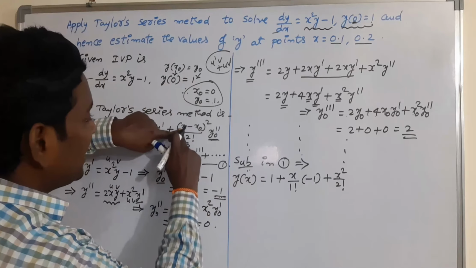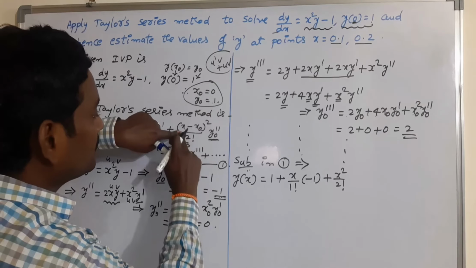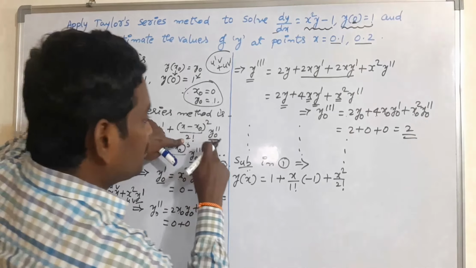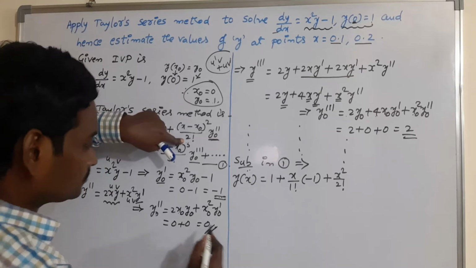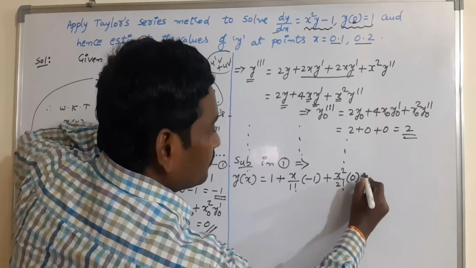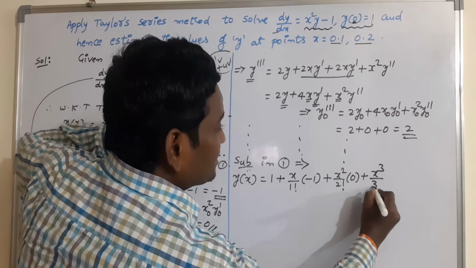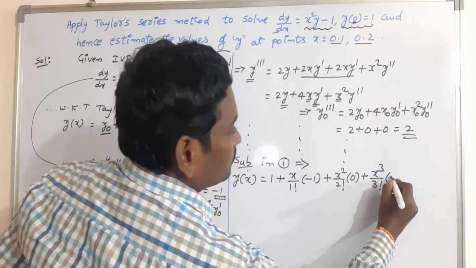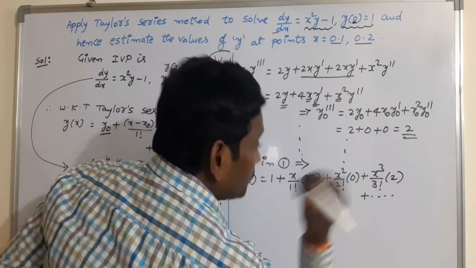Actually the next term is x minus x naught. x naught is 0. So x minus 0 is only x. There is square. So x square by 2 factorial into y naught double dash is 0. So into 0 plus, in order the next term is x cube by 3 factorial into y naught triple dash, which is 2 plus so on.